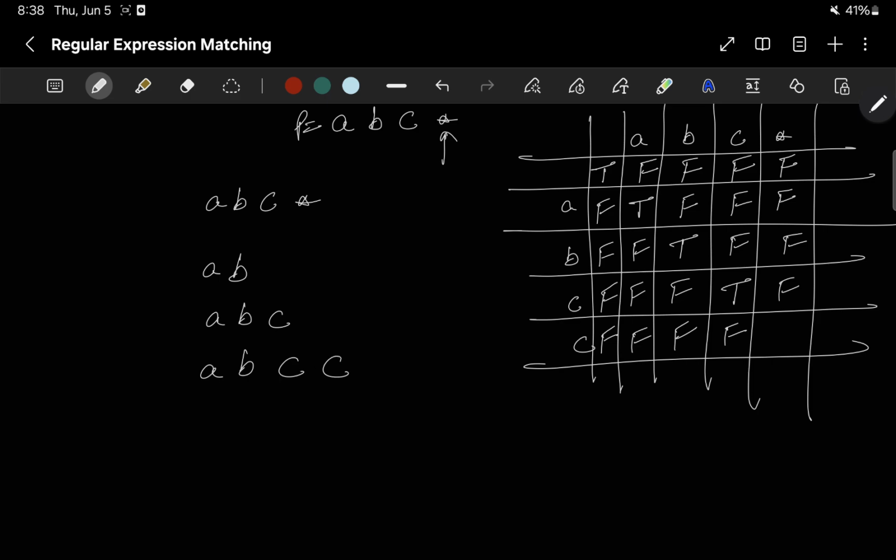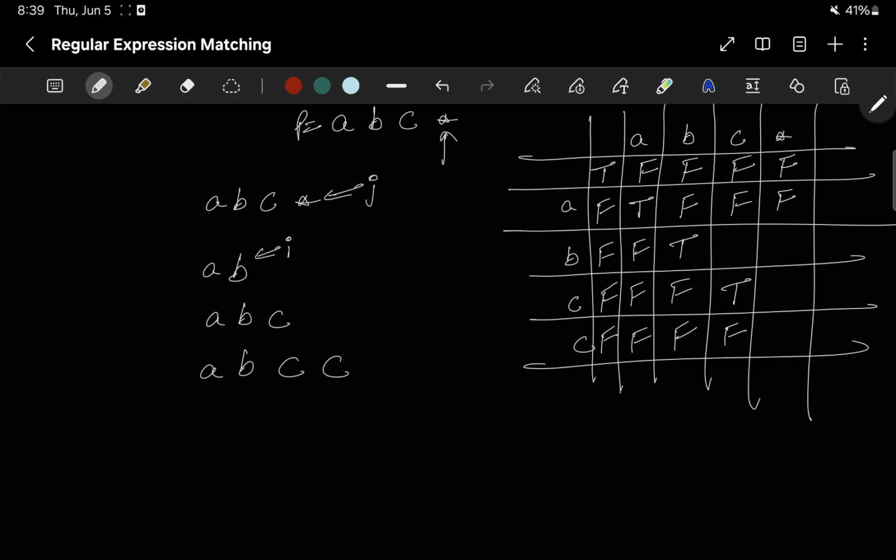And also other things, A, B, C, C, C, C, C, multiple C. But here, if you are comparing, and you know that your I is here, your J is here, wait a second, A, B, C star and A, B, yep, so I made a mistake here. This will not be false. This will also not be false, right?